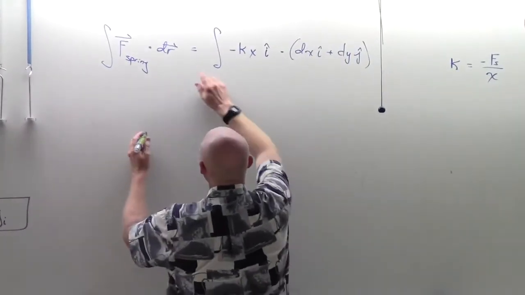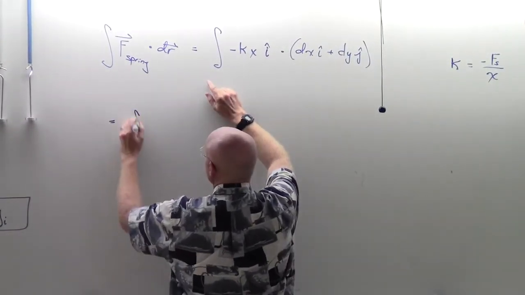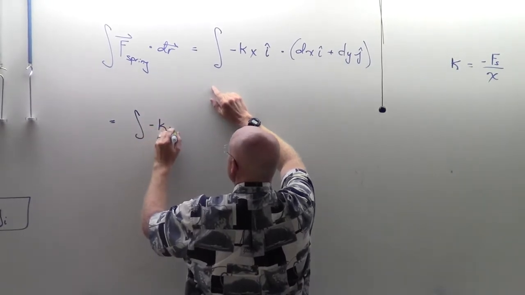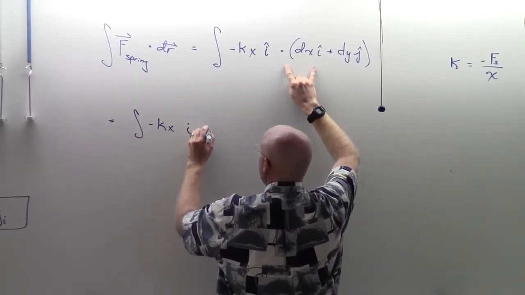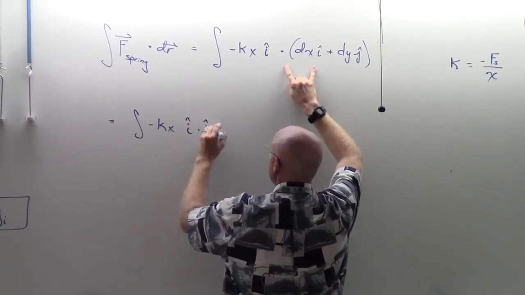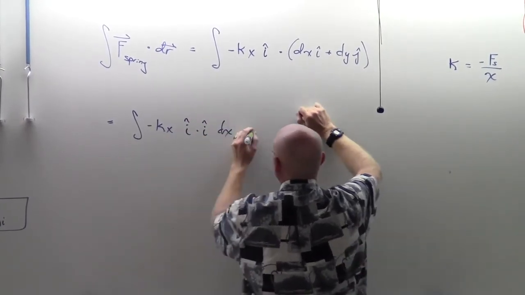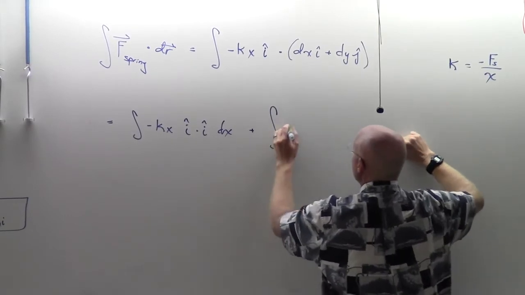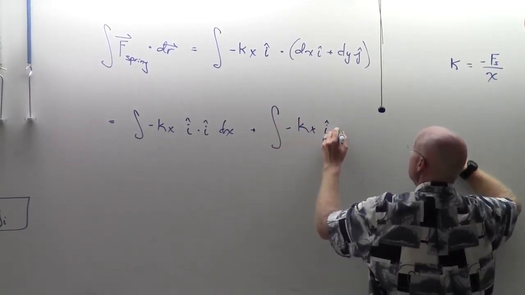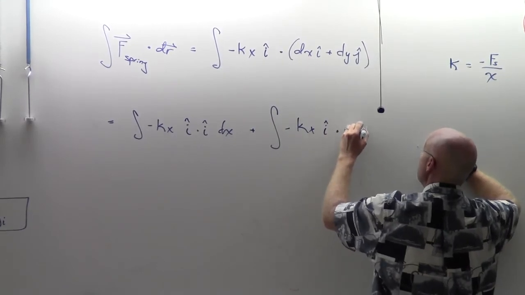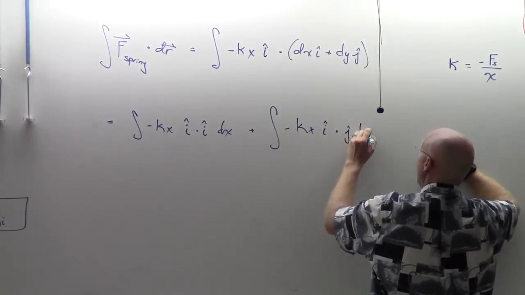When you take this dot product, you will hopefully get two integrals. You get the integral of minus kx, and here I would get an i hat dot an i hat dx. And the other one would be the integral of minus kx i hat dot j hat dy.